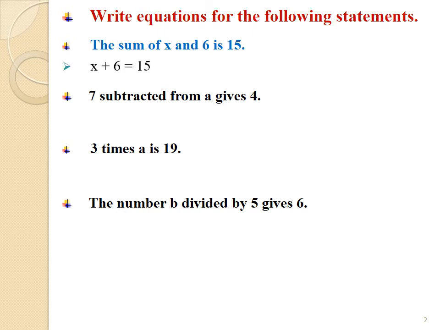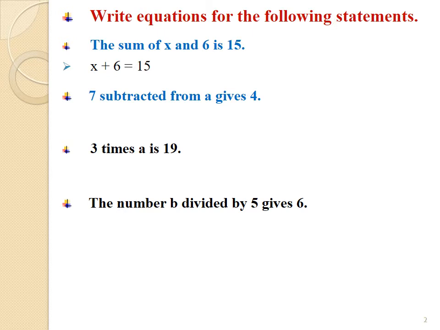Now, sum number 2. 7 subtracted from A gives 4. In this statement, the word subtracted is given. So we have to put minus sign and we have to subtract 7 from A to get 4.